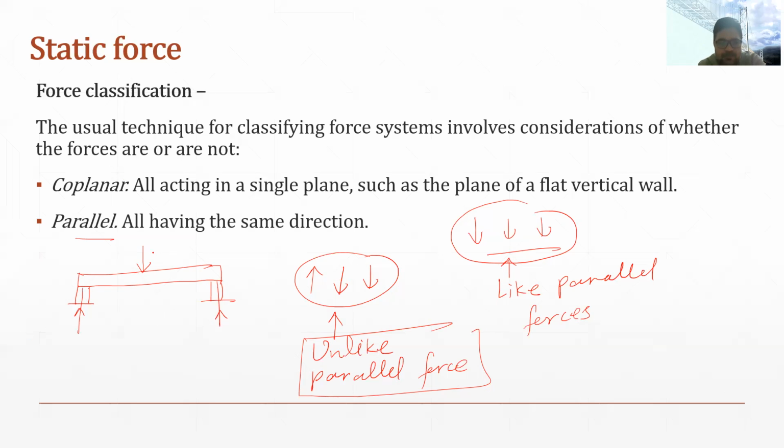Now you can see this force is downward, and these forces, which are the reactions, are upward. So these three forces are parallel. You can see this force and this force are parallel, but they are not of the same sense. So they will be under the category of unlike parallel forces.